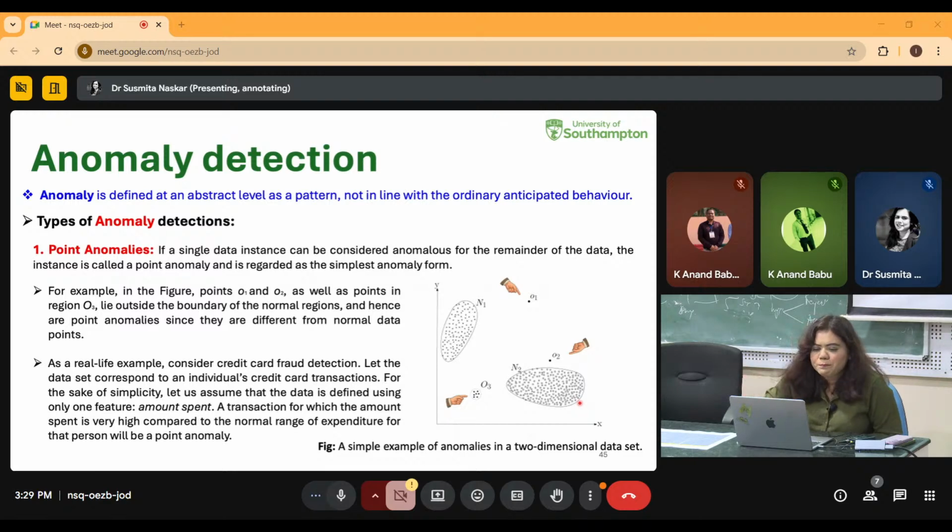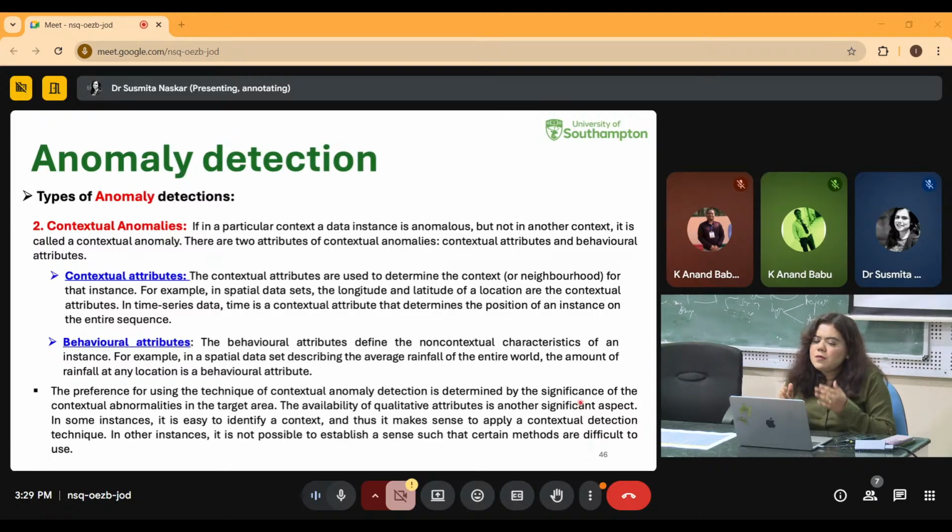Then come the more challenging perspectives of detecting anomalies. One important one is contextual anomalies, right? This happens when a data instance is anomalous in one context but perfectly normal in another. In one word, an anomaly depends on its context.